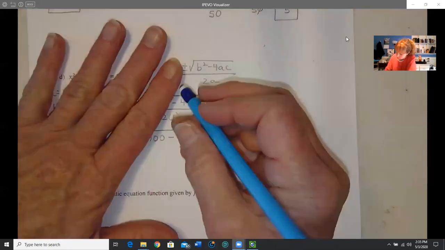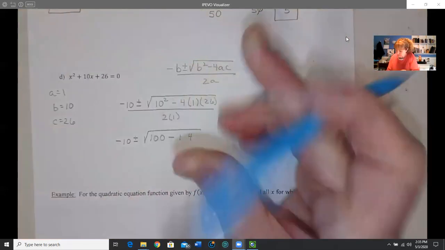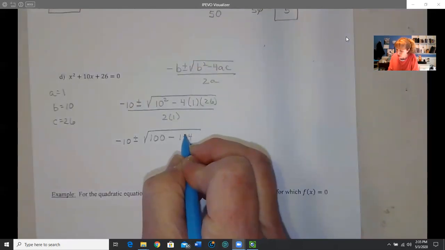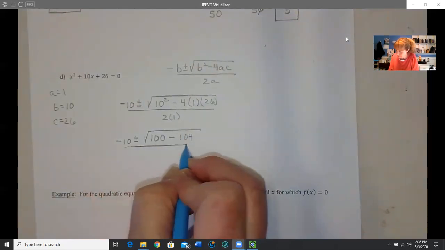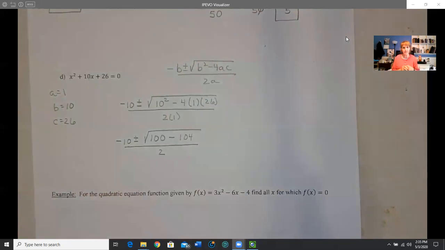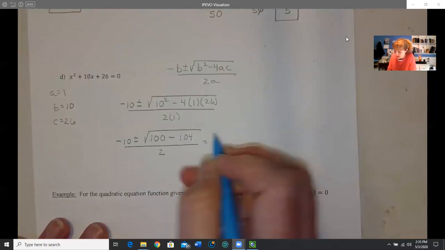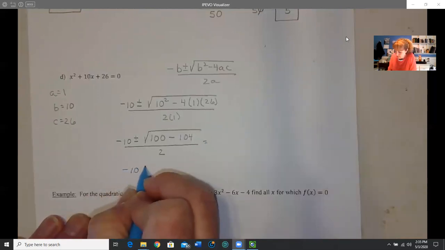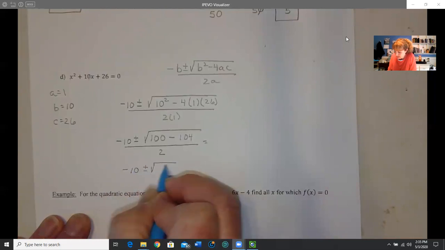I'm about to say that looked too high. Okay, 104. All over 2, okay? All right, so we're going to go ahead and subtract inside. Well, I can still go down here. Negative 4.